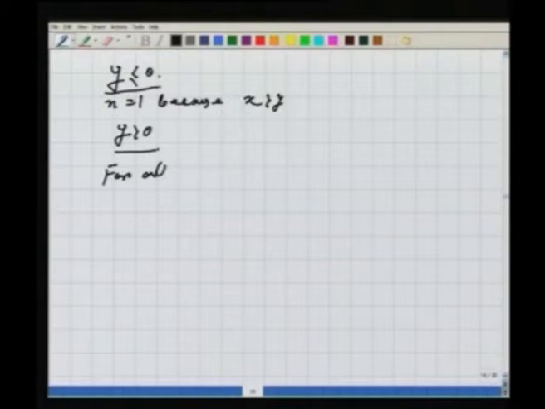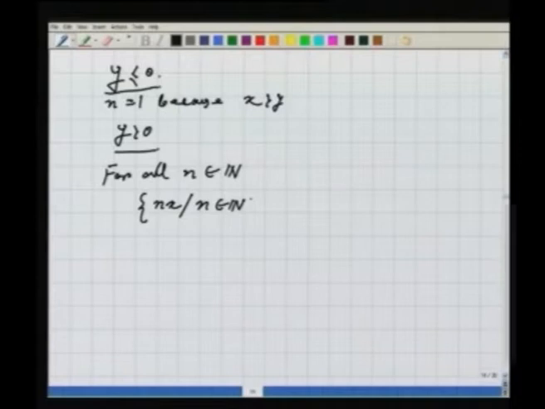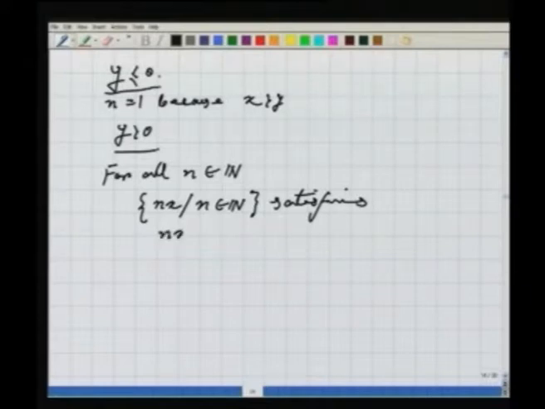The contradictory statement is: for all n in the set of natural numbers, nx is less than or equal to y.